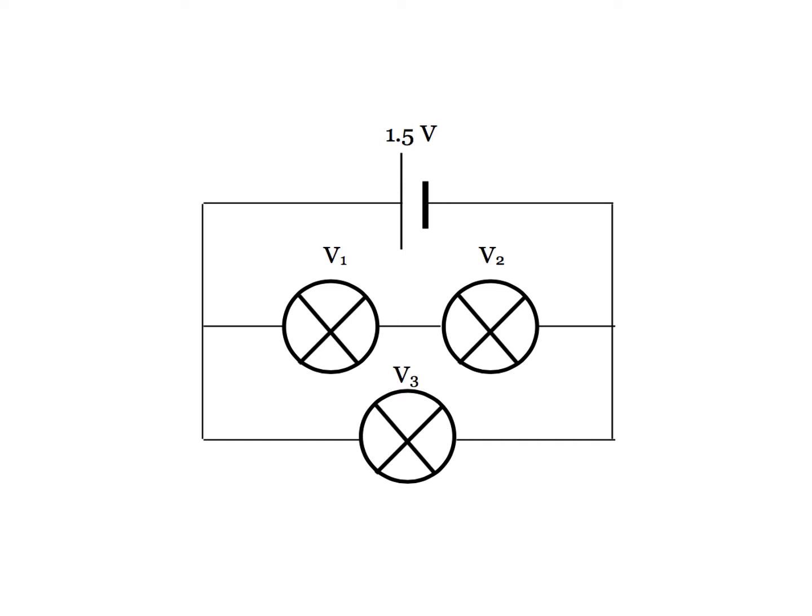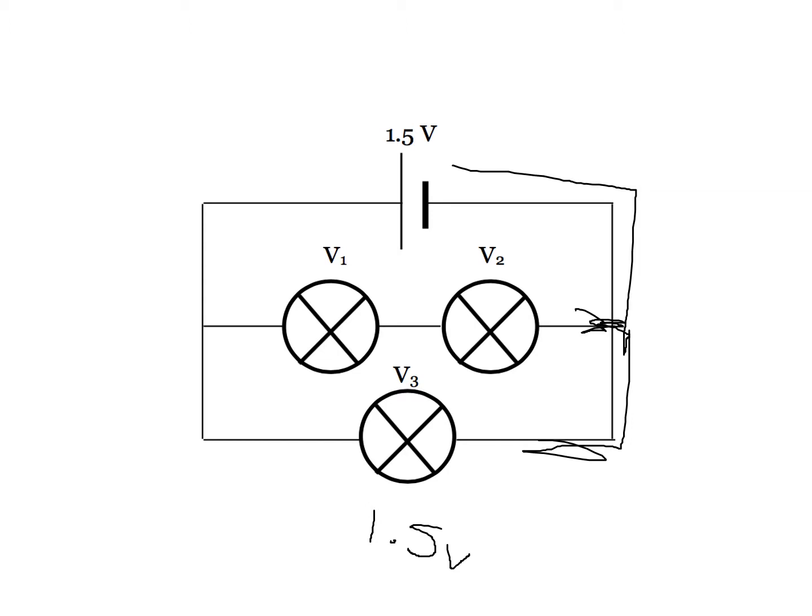So hopefully you had the answer that the first part is that it's parallel, because you could imagine there's two ways for the current to flow. So that means that the voltage across each branch must be the same, because that's the rule for parallel circuits. So we know straight away that V3 is 1.5 volts, which I think a lot of you got.